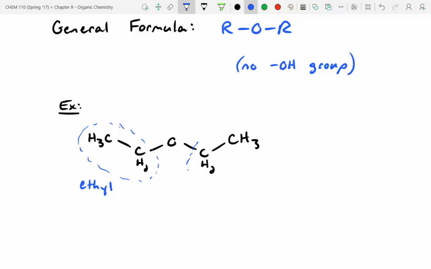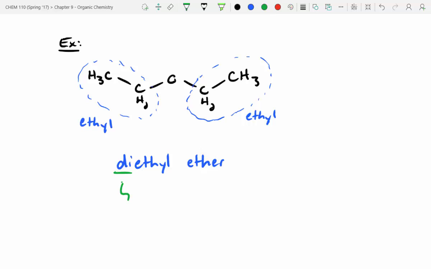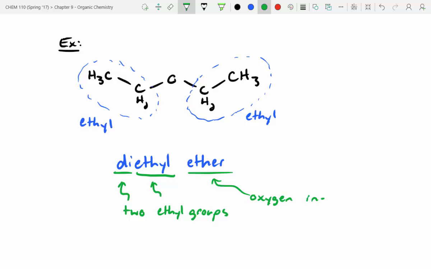And in this case, we actually have 2 of them in the molecule. So anytime we want to name these, we would just refer to it as diethyl ether. The easiest way of doing this is you'd say this just means that we've got 2 ethyl groups and there's an oxygen in between.